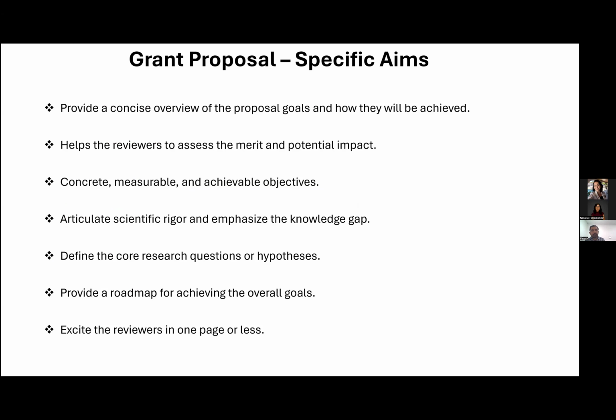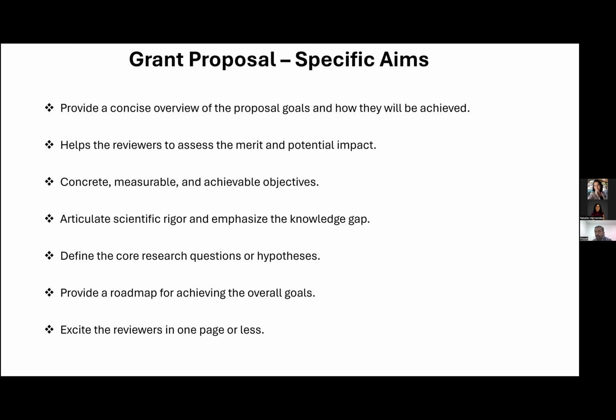Okay, let's start with the specific aims. The overall goal for the specific aims is to provide a concise overview of the proposal goals and how they will be achieved. For example, if you read a short story which has maybe 20 pages, and I ask you to comprehend that story into one page, that's what the specific aims page is.